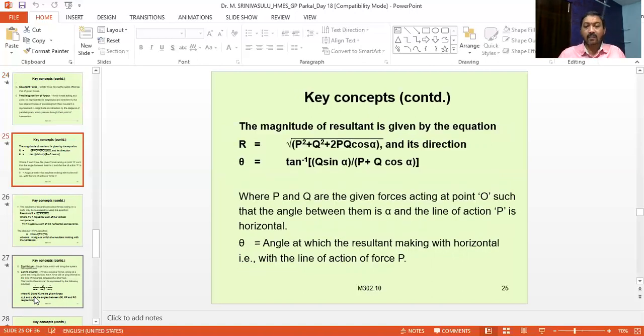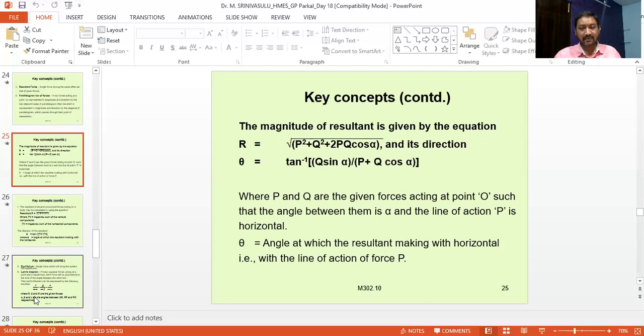And analytically, the value of the resultant is equal to the square root of P squared plus Q squared plus 2PQ cos alpha.